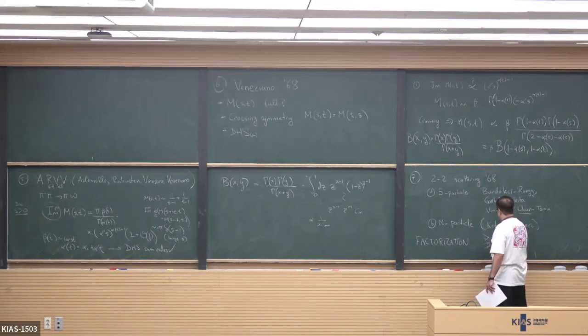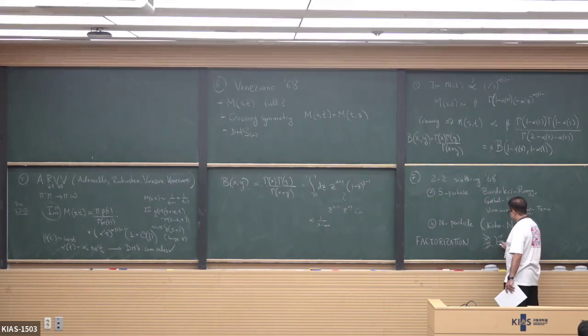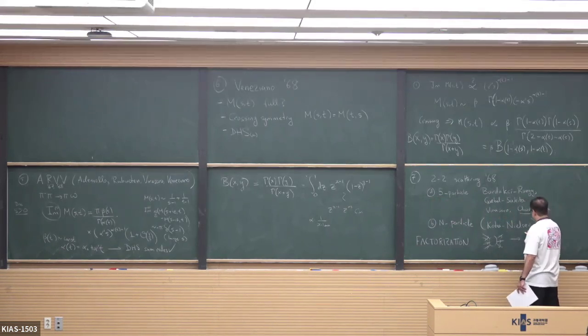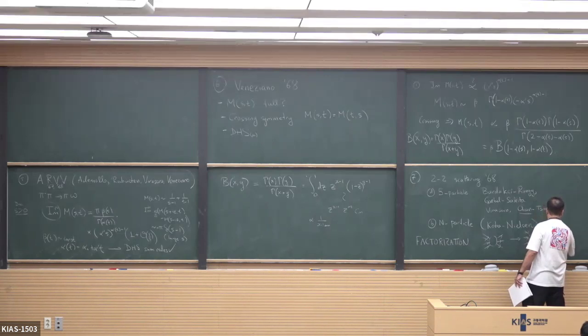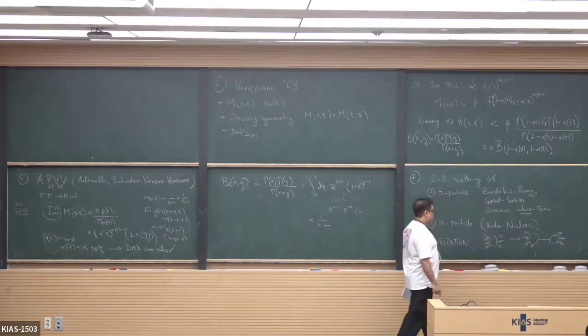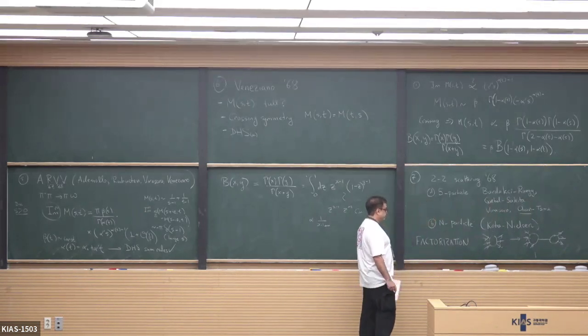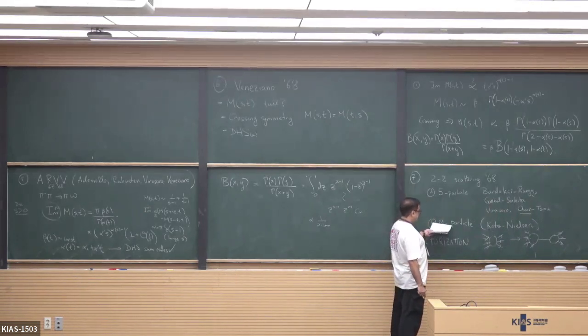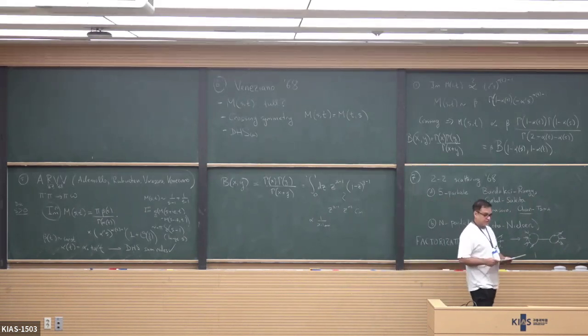So suppose you have an amplitude like this, then this factorizes by becoming a product of 2 lower point amplitudes, or a sum of products of lower point amplitudes. That's the statement of factorization, and they were able to verify that with the n-particle generalization.